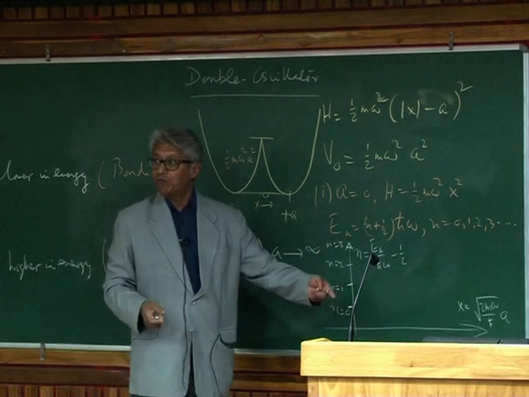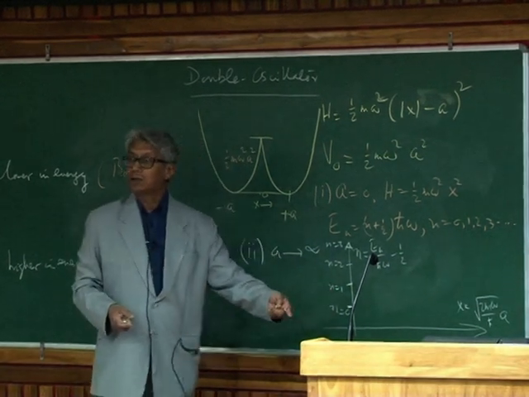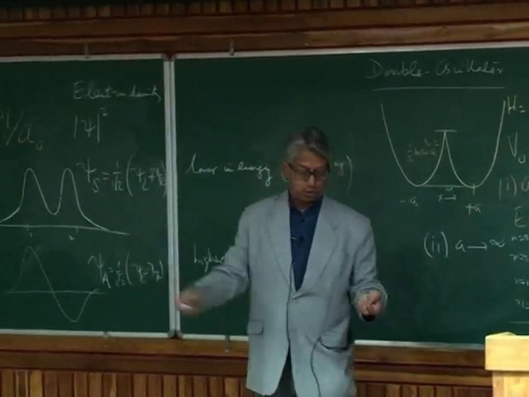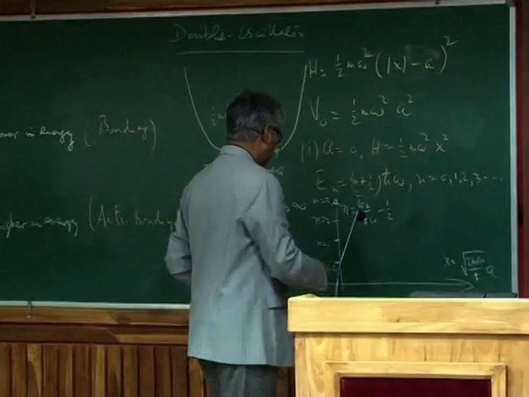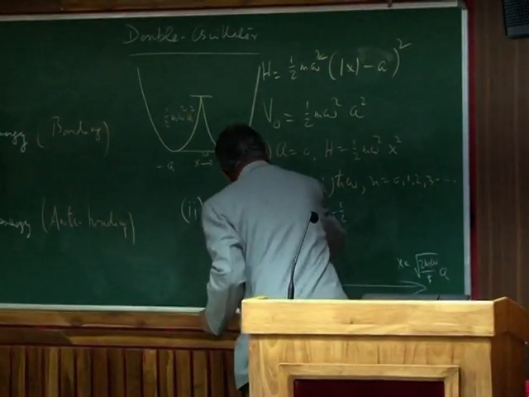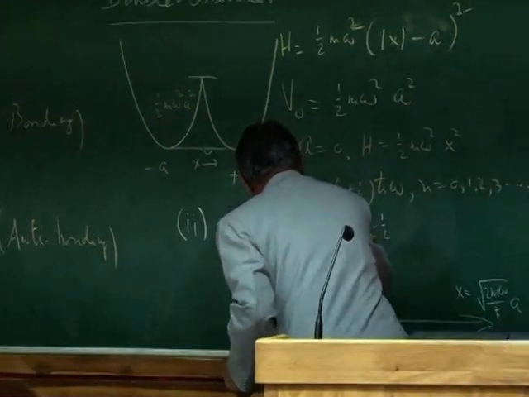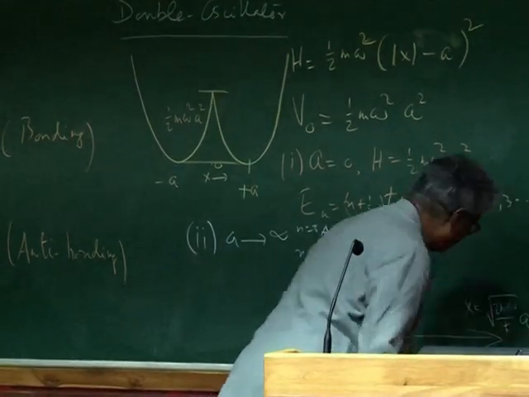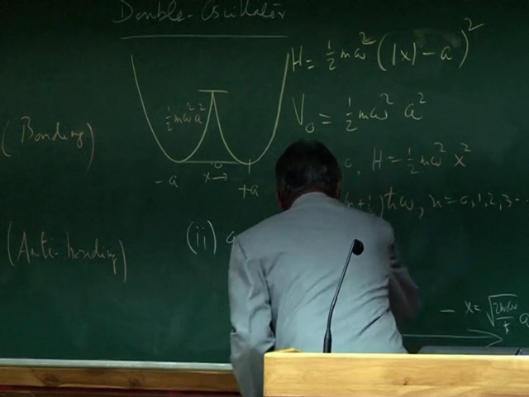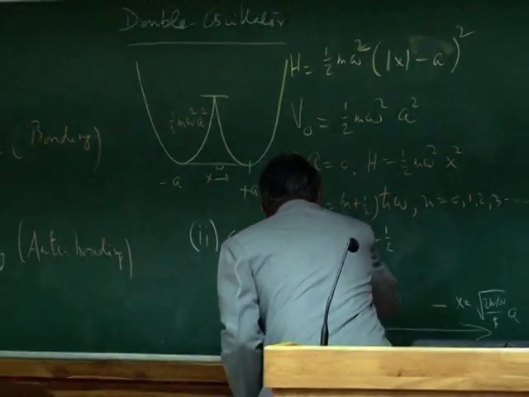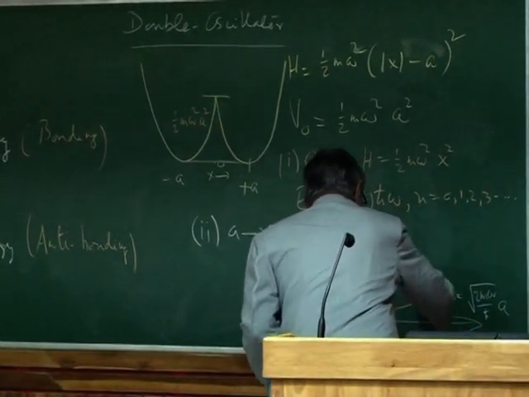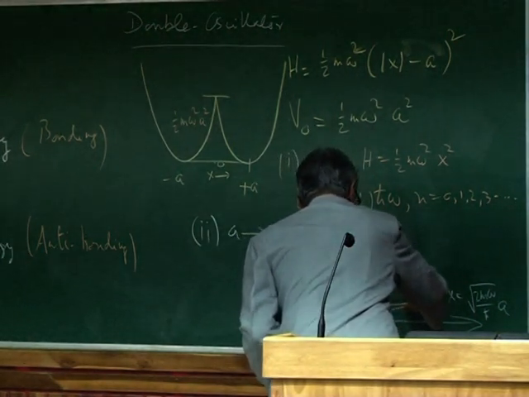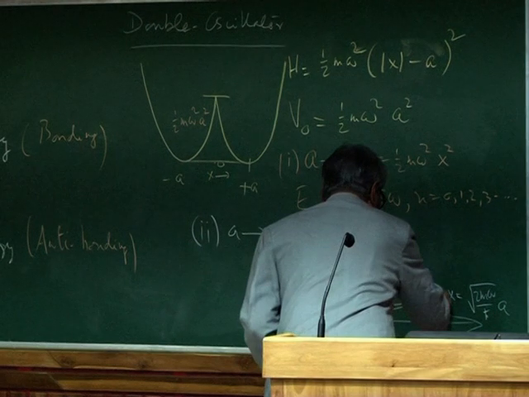As A goes to infinity, we argued that you're going to get a double degeneracy because you have two independent harmonic oscillators. So Merzbacher shows by using a WKB approximation that this thing goes down and merges here, and you have what is called a collapse.